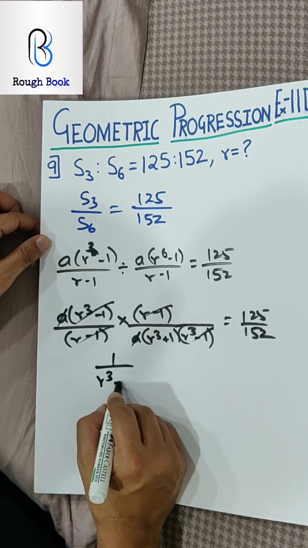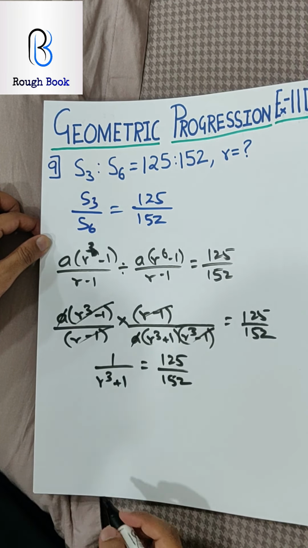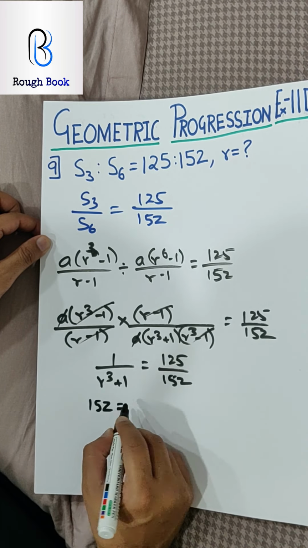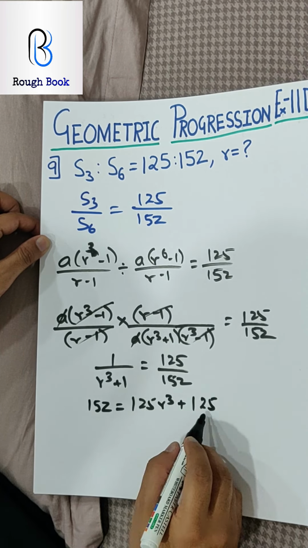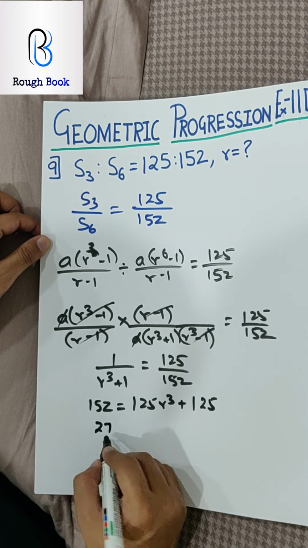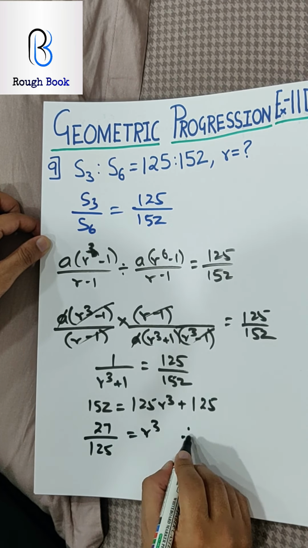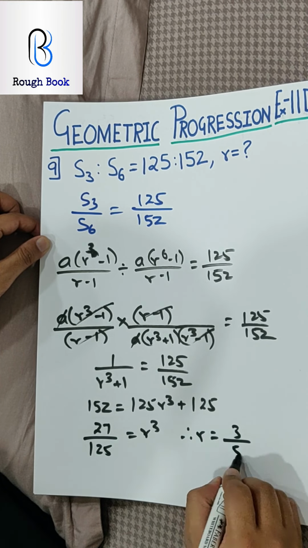So 1 upon (R cube plus 1) equals 125 by 152. Solve this and we will be able to calculate the value of R. So I'll get 152 equals 125 R cube plus 125. 125 goes on the other side, so 27, and 125 comes down, so R cube is 27 by 125. Therefore, taking the cube root on both sides, R is 3 by 5.